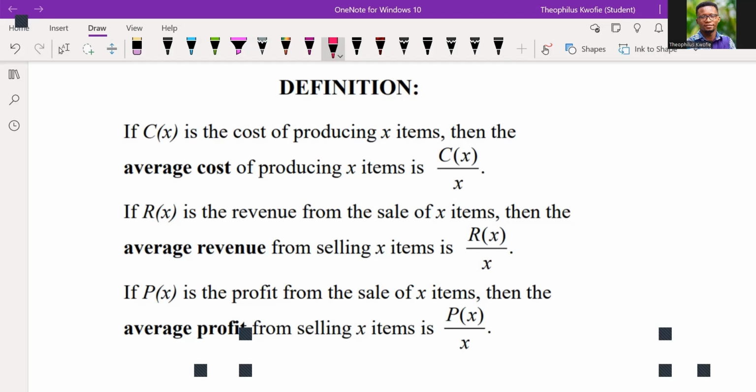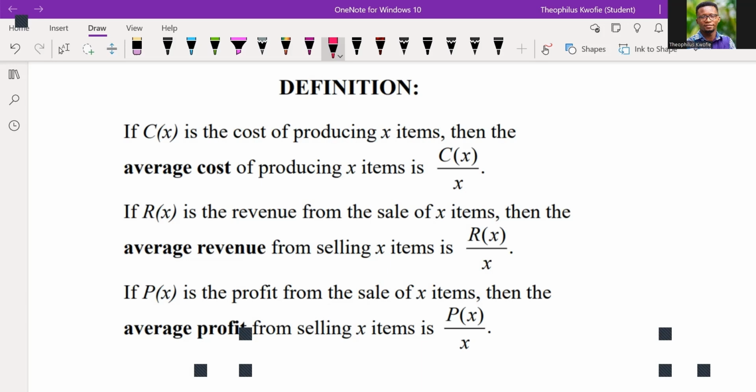For us to do that, it's just going to be the cost function divided by the number of items that is being produced.